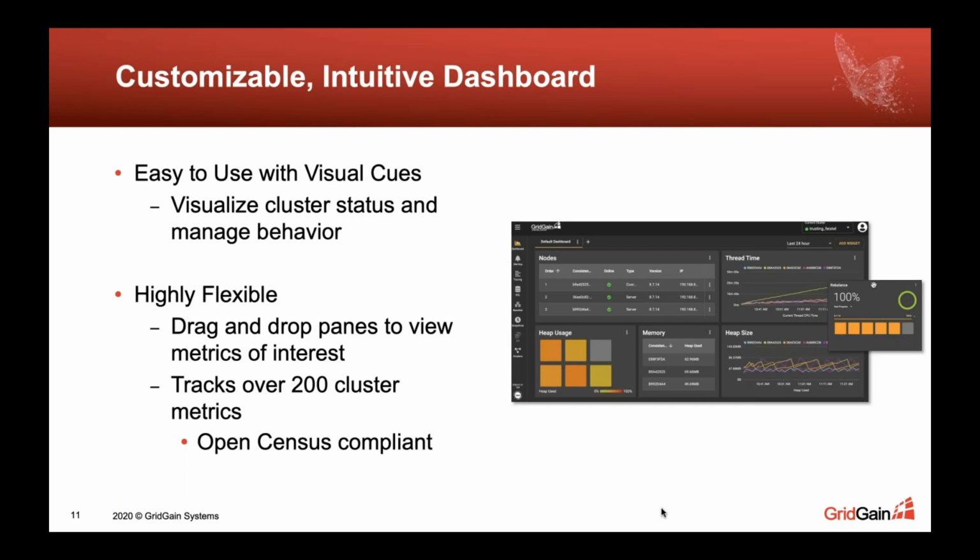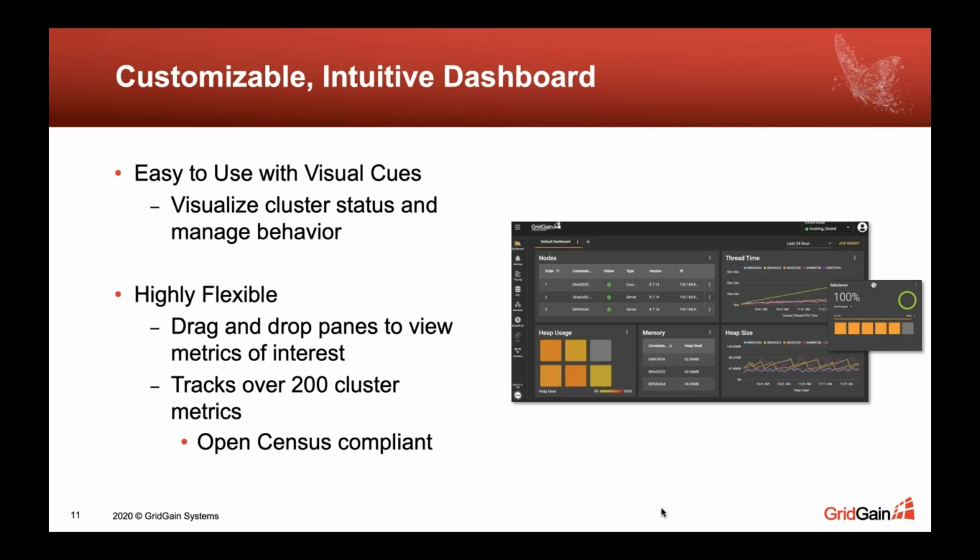The other side of OpenCensus is around metrics. And starting in GridGain 8.1 and starting in Ignite 2.8, the metrics framework has been redesigned to be OpenCensus compliant. What that means is that with custom exporters, you can very easily monitor the metrics in your clusters in any tool that supports OpenCensus. So Control Center has OpenCensus exporters configured out of the box.